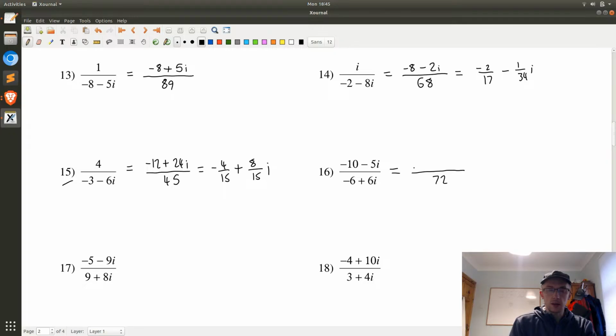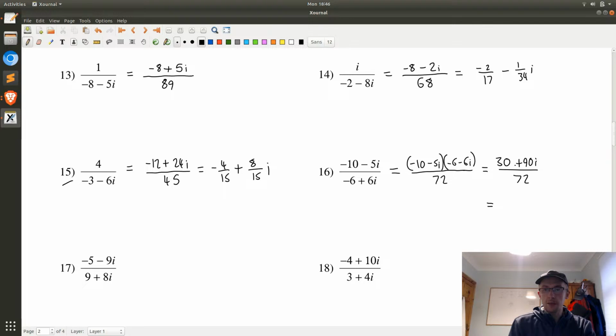And what's on the top? This has almost thrown me off completely. No, it hasn't. Negative 10 take 5i. And negative 6 take 6i. Just there like that. We'll sort it out. Just push on ahead. Negative 10 times 6, that's 60. And then 60 add 30i squared. So 60 take 30. So that's 30. And then 60i add 30i. So that's 90i. And all of that is divided by 72.